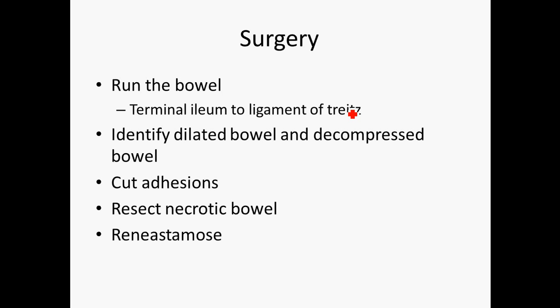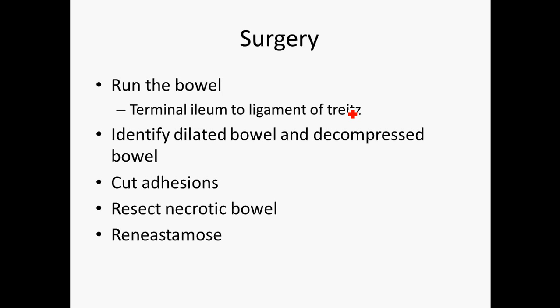You identify the dilated bowel and the decompressed bowel. So basically, you see the area where the obstruction is by finding the spot where it's dilated, and then on the other side it's decompressed.